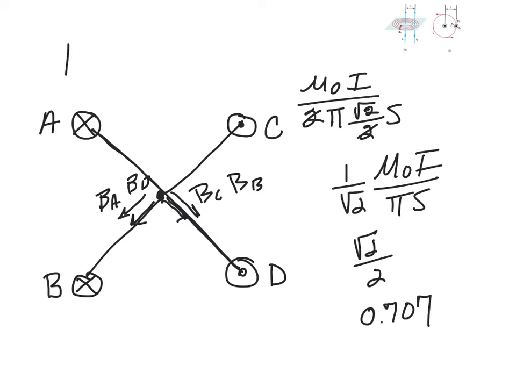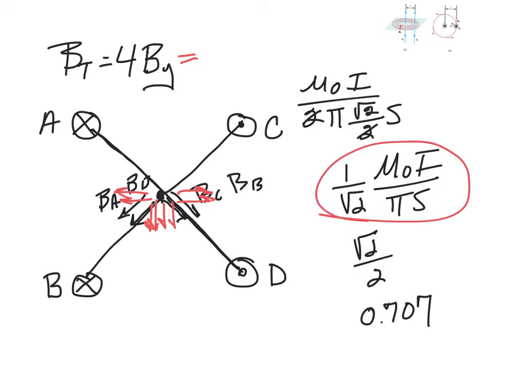And the total field, B total, is just going to be 4 times the y component of any one of them, right? Because there's two x components this way, two x components this way, they cancel, but there's 4 y components down. And the y component is just going to be this magnitude, right?